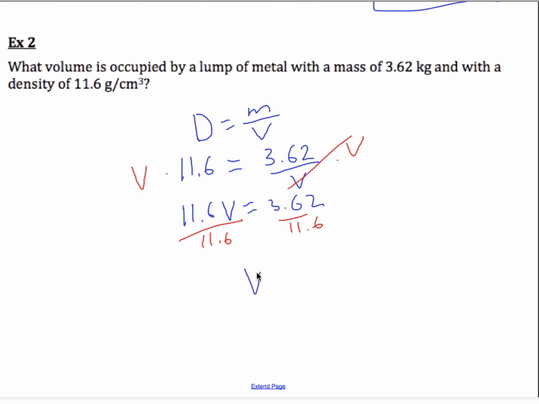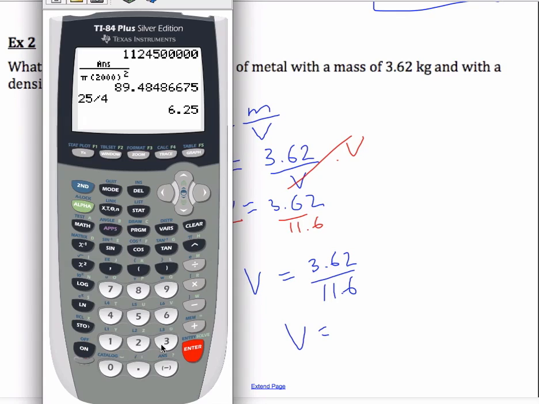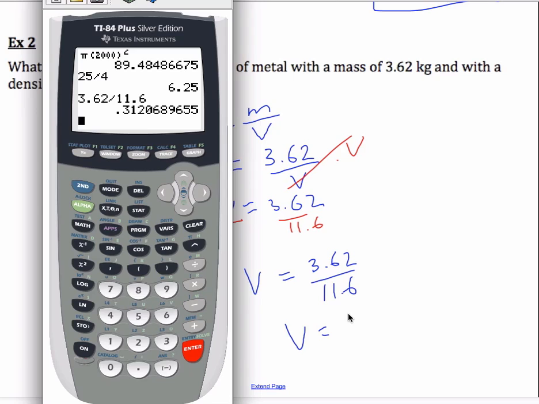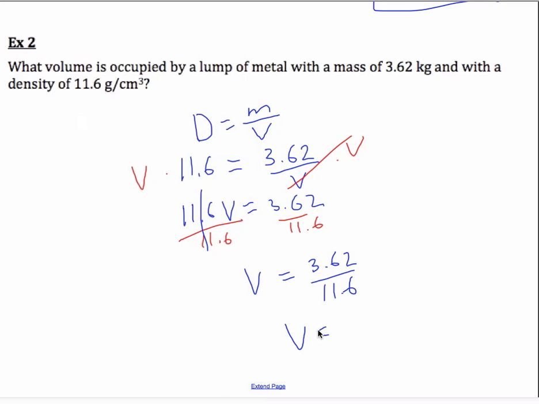So we get v equals 3.62 divided by 11.6, and that's going to be, let's work that on the calculator, 3.62 divided by 11.6 gives us 0.312. So 0.312, and the volume is in cubic centimeters.